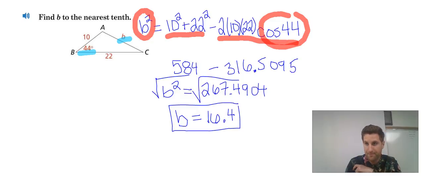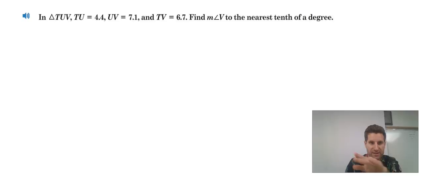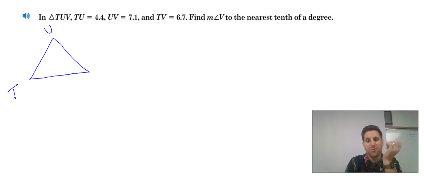Let's take a look at one where we don't have a side angle side setup. Okay, write this down. First thing is I need to draw the triangle. So TUV, I don't know what the triangle looks like, so I just go for a basic looking triangle, TUV, and TU is 4.4, UV is 7.1, and TV is 6.7.